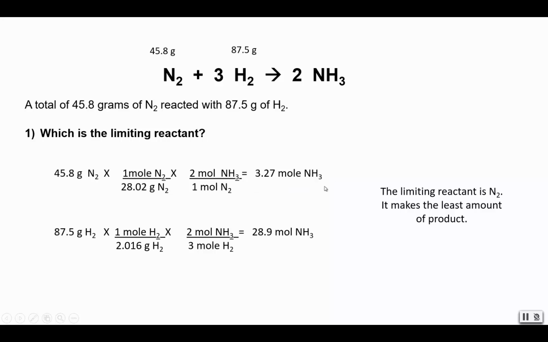Once I determine that this is the limiting reactant, I use this information to answer even more questions because the other reactant is in excess. He's the one that's kind of sitting in that pot on the stove, just floating around there, right? I got too much in there and nothing else to react with it.